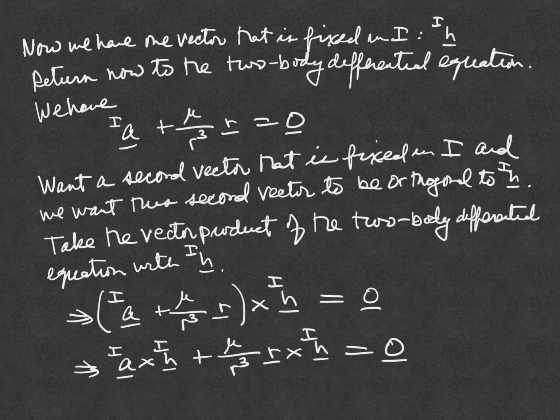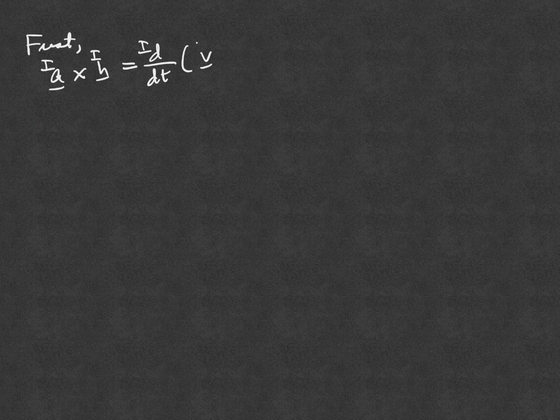But we're actually going to find some interesting properties when we go through this, which we'll do now. So first, a_I crossed with h_I is equal to d/dt in I of v_I crossed with h_I. But because h_I is fixed in I, that's equal to d/dt in I of v_I crossed with h_I.